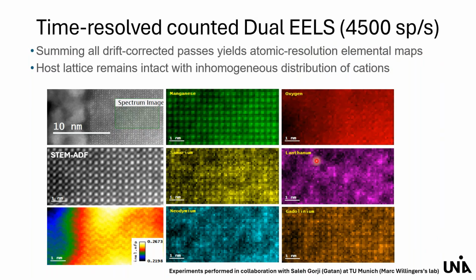You see also here an inhomogeneous distribution of these rare earth metals, and especially when you look at the samarium and neodymium, you also see the atomic positions. It's not so clear, of course, but you can nicely see them, and they are locally resolvable and clearly correlated. At the same time, the host lattice stays intact.